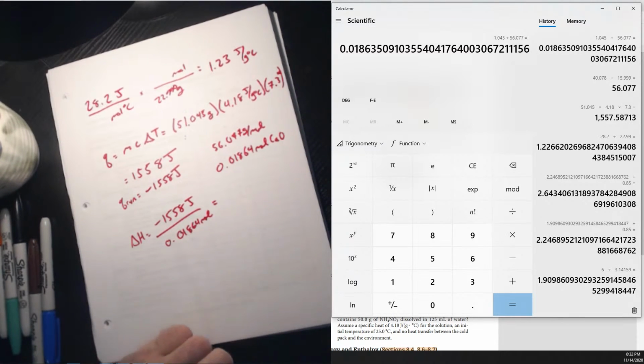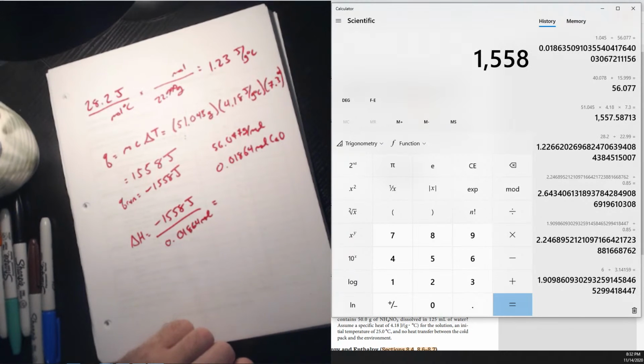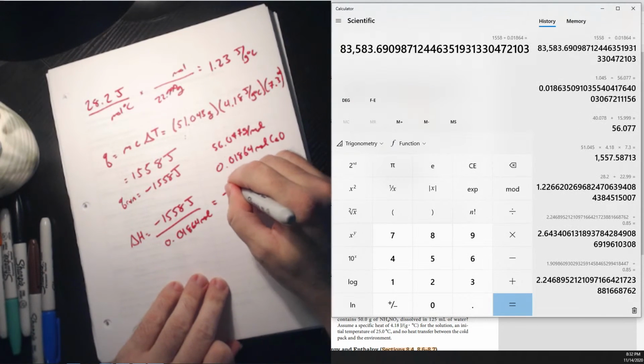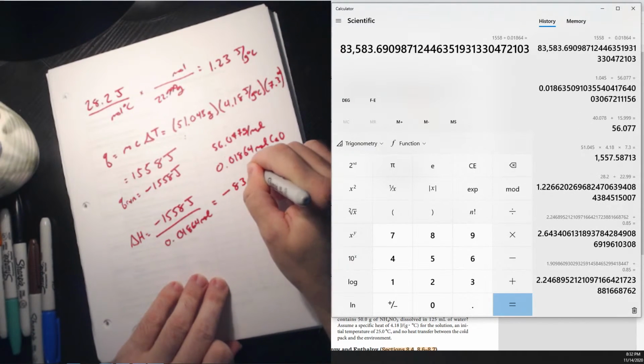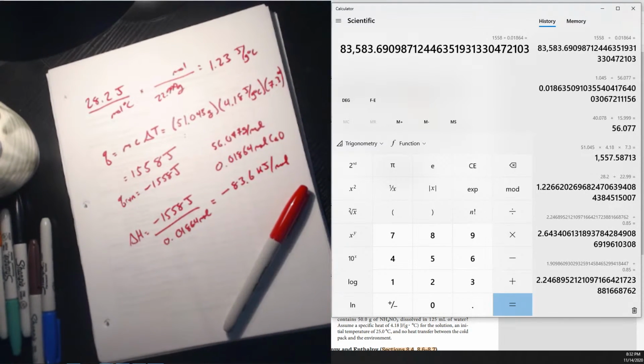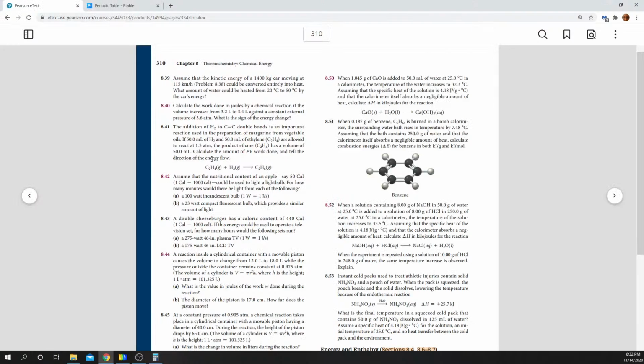Delta H is Q over moles. So 1558 divided by 0.01864 is negative 83.6 kilojoules per mole. So let's see which of all those numbers they were looking for, because this question was unclear. Just a little bit unclear.